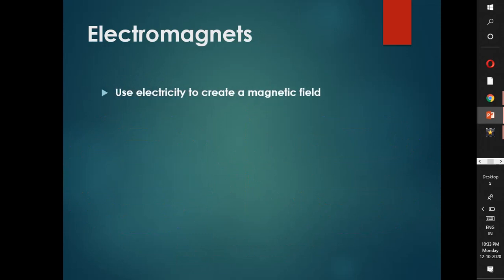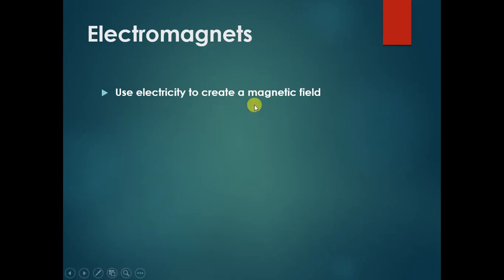Now we are discussing electromagnets. So in the electromagnet what will happen? An electromagnet uses electricity to create a magnetic field. They can be controlled, turned on and off.